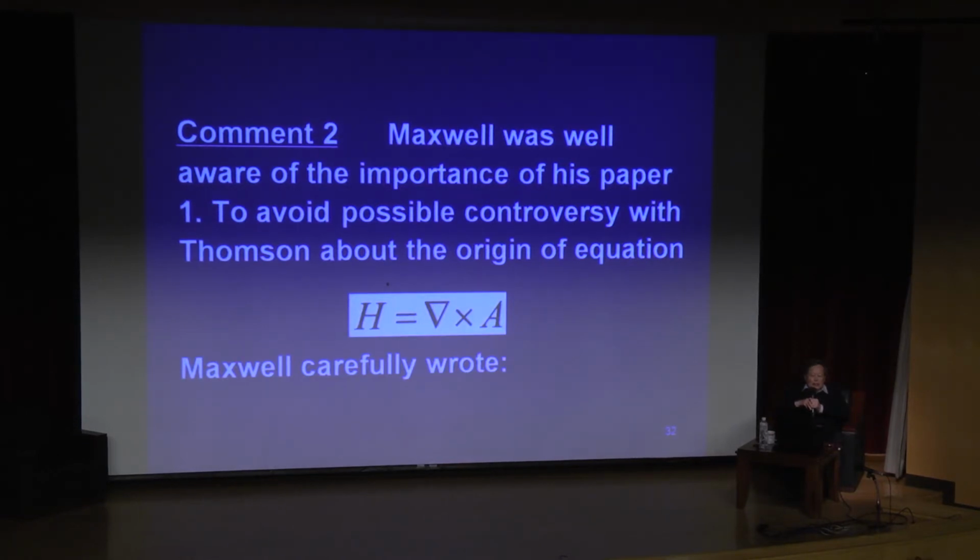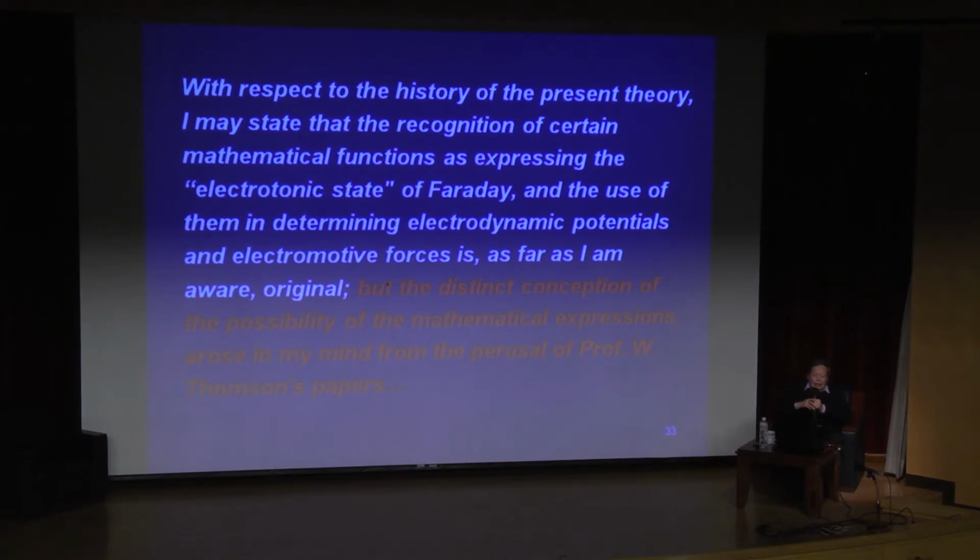Maxwell was well aware of the importance of his paper 1, of his identification of the vector potential with the electrotonic state of Faraday. To avoid possible controversy with Thomson about the origin of the equation H equal to curl of A, Maxwell wrote explicitly in his paper that with respect to the history of the present theory, I may state that the recognition of certain mathematical functions as expressing the electrotonic state of Faraday and the use of them in determining electrodynamic potentials and electromotive forces is, as far as I am aware, original.